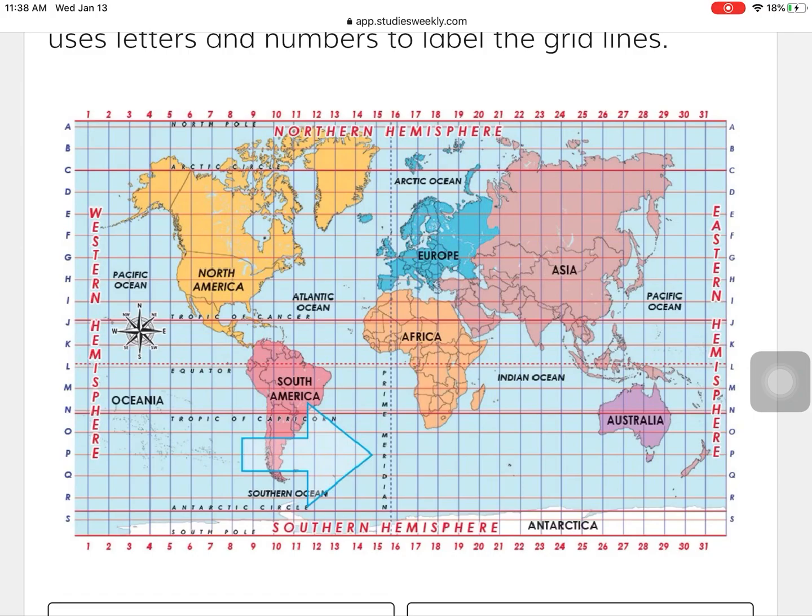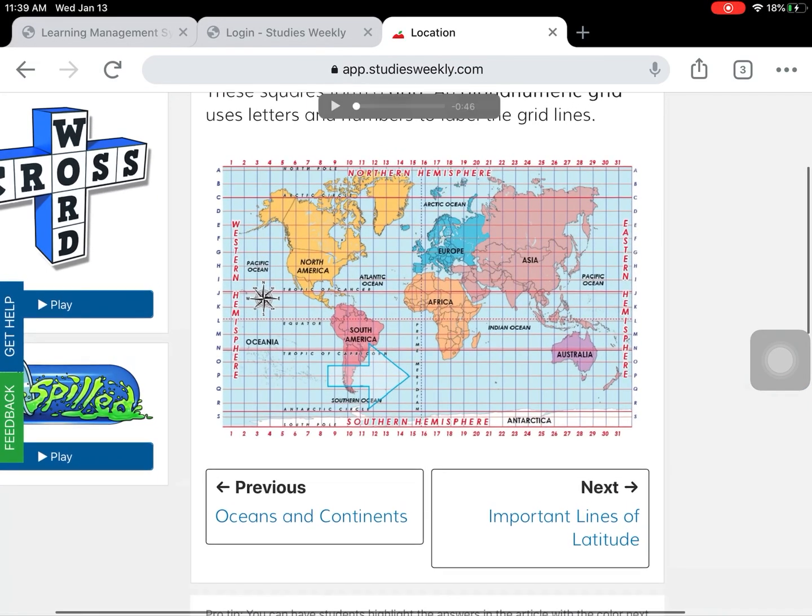Pause the video if you need more time. H is right here, so I could go all the way across. I know it's going to be on this line, but then I can look for my 8, which is right here. And when it crosses with my H, that is North America, right in that center part there. So that's just one example of how to use our grid maps.